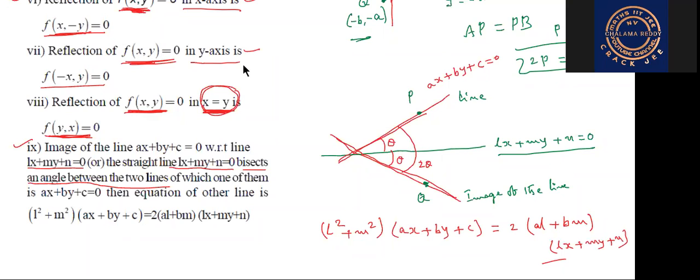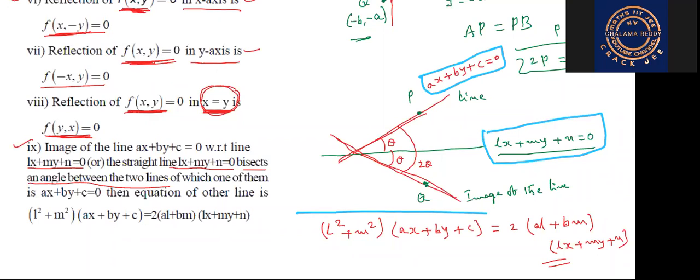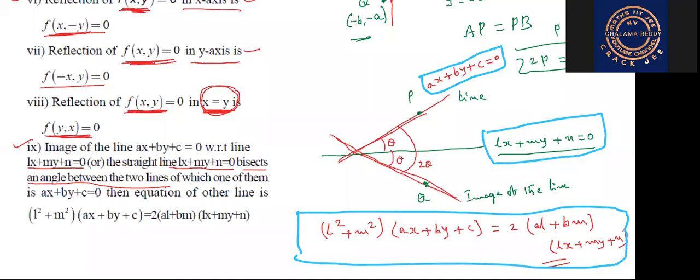This is the formula for the image of the line Ax + By + C = 0 with respect to Lx + My + N = 0. Students, all of you understood now? So remember this shortcut formula.